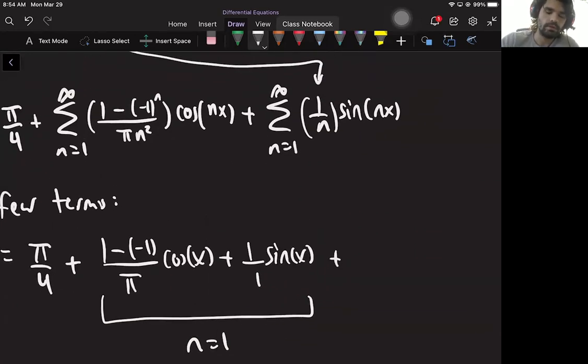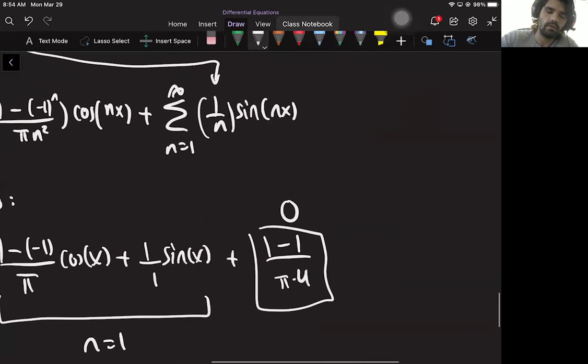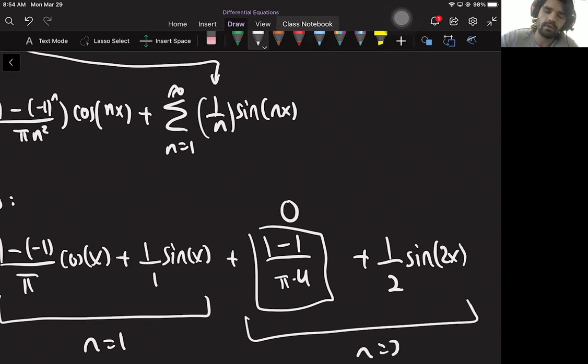So if I plug in 2 now, I'm going to get 1 minus 1 over pi times 4. But that's just going to be 0 already, so I'm not going to bother with writing the rest. And the sine term is going to be 1 over 2 sine of 2x. So this is the n equals 2 term.